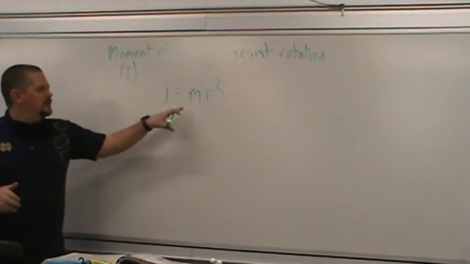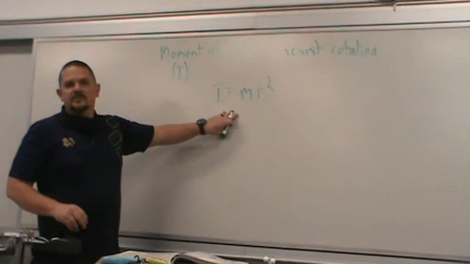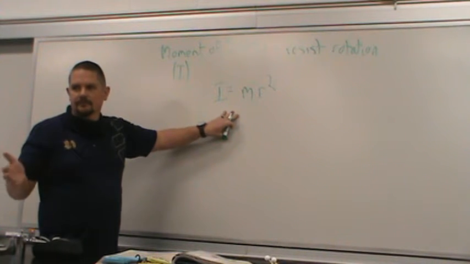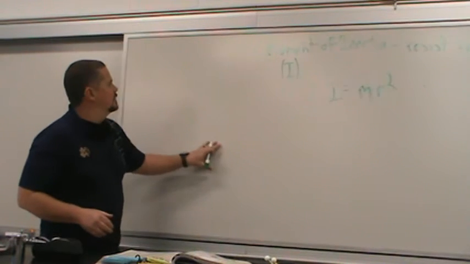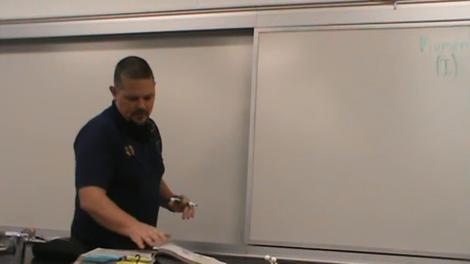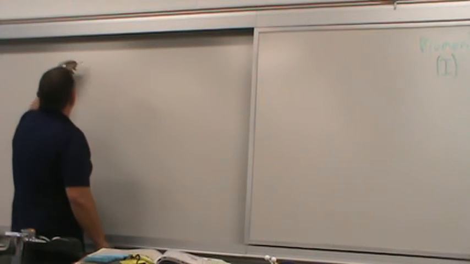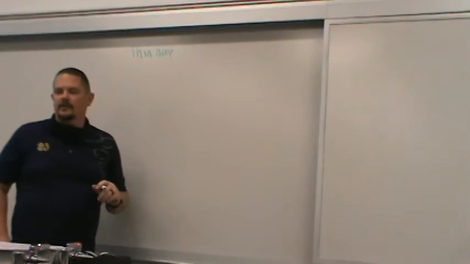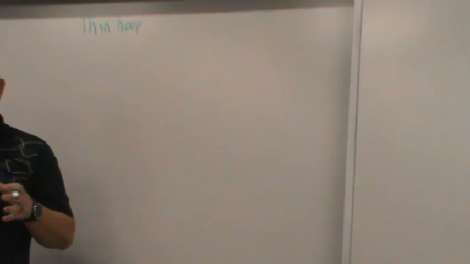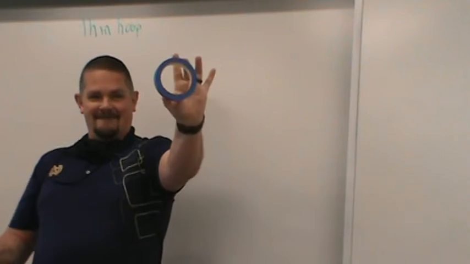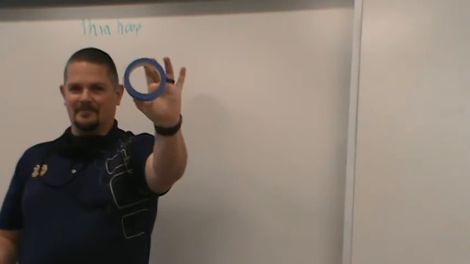Now, we're going to have to manipulate this formula just a little bit, depending upon what kind of object we're looking at. If we're looking at a thin hoop, a hula hoop would actually be a good thin hoop. Here's a hoop.